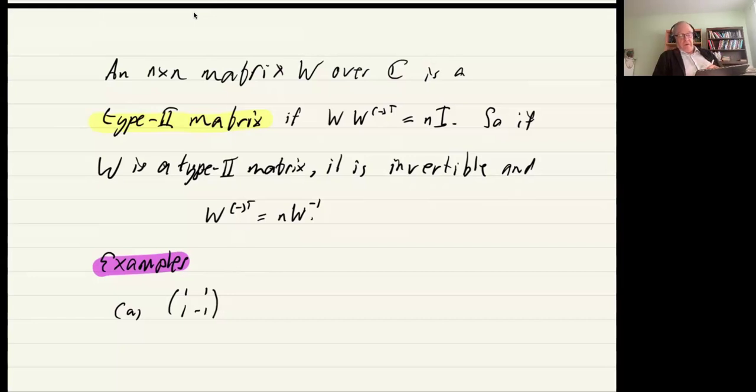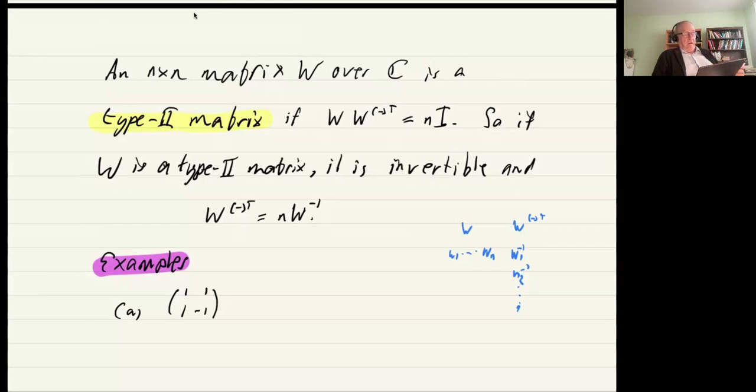If I have a type 2 matrix W and I take the Schur inverse transpose, then when I take the product W times W inverse transpose, the diagonal entry is going to be n. So you have no choice about that n, it's forced on you. The thing that's special is that, as you will see later on, any flat unitary satisfies this, modulo scaling, which we don't care about.